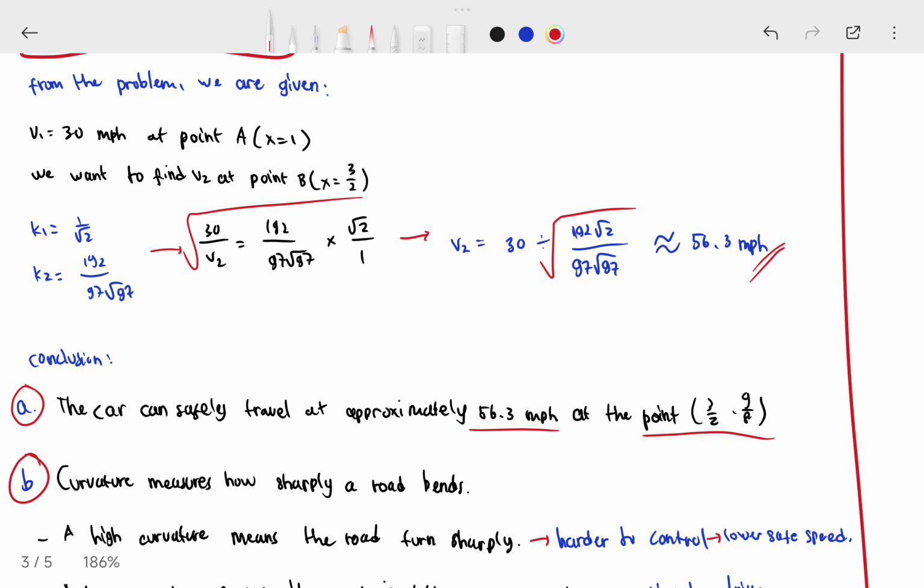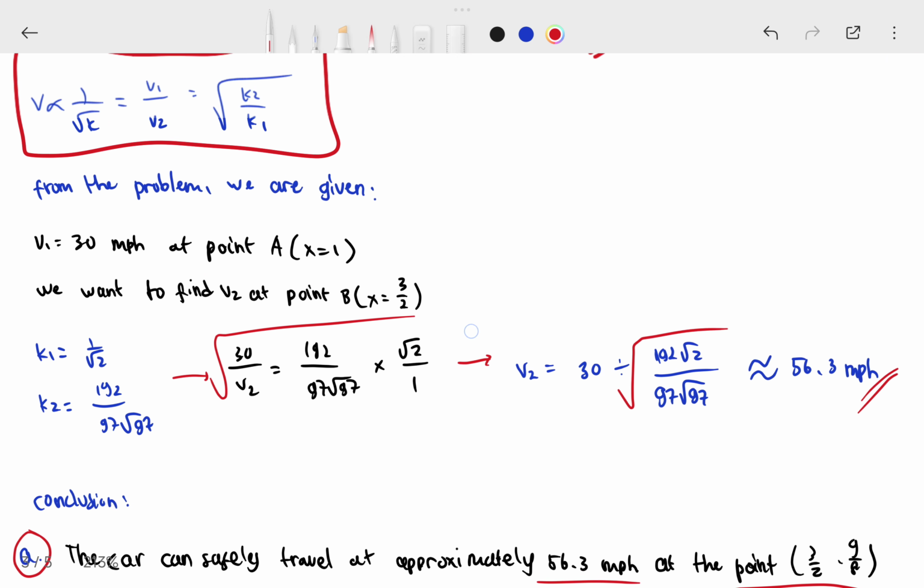As we put it into the formula, it is the square root of 30 over v2. Oh, sorry, the square root should not be here, the square root is outside. That's my fault.